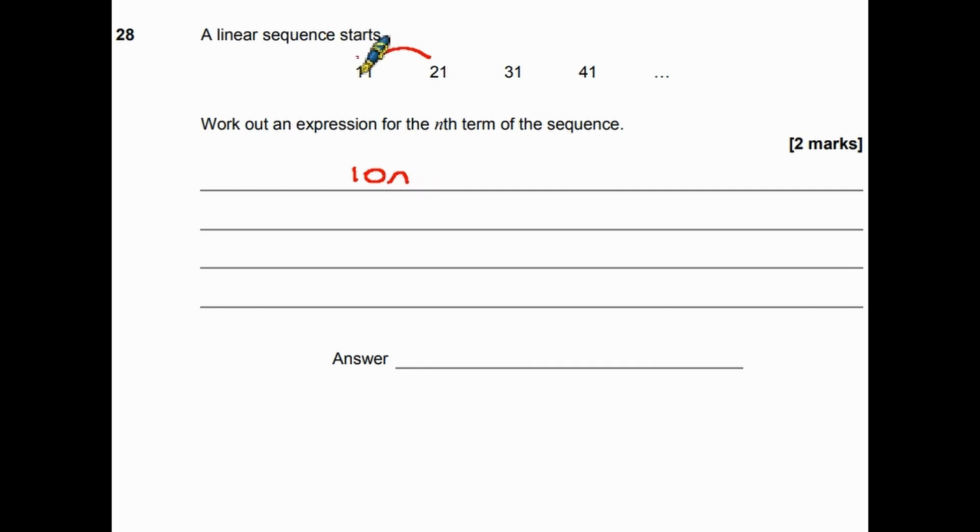We then need to establish where the minus 1 term is. Don't forget this is term 1, this is term 2. We are looking for the minus 1 term to establish the expression. If we take 10 away from 11, we end up at plus 1. So on the end, we put plus 1. Therefore, your expression is 10n plus 1.